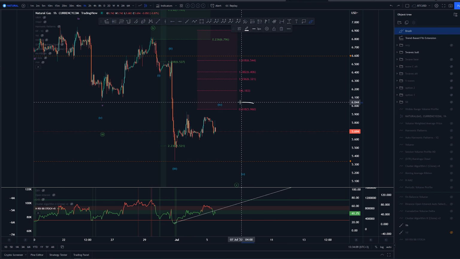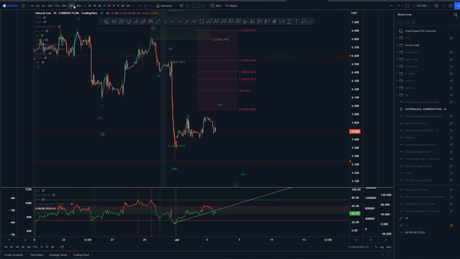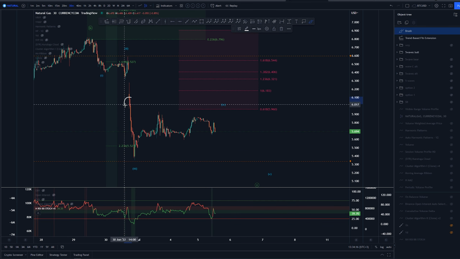At this point again, we would most likely be looking into taking out these highs, seeing if we have some kind of resistance still left here, and even taking out these highs, so we get to the 1-to-1 extension. Depending of course how low this goes, it is going to be adjusted.